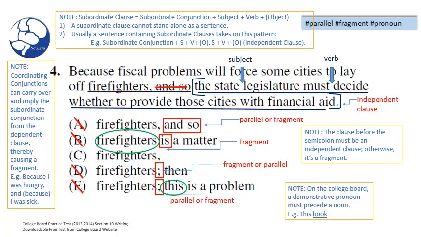In this case, both clauses contain objects, and the first clause is a subordinate clause because it starts with the subordinate conjunction "because," and then the second clause, which comes after the comma, is an independent clause. This seems to be our answer. Let's circle C.